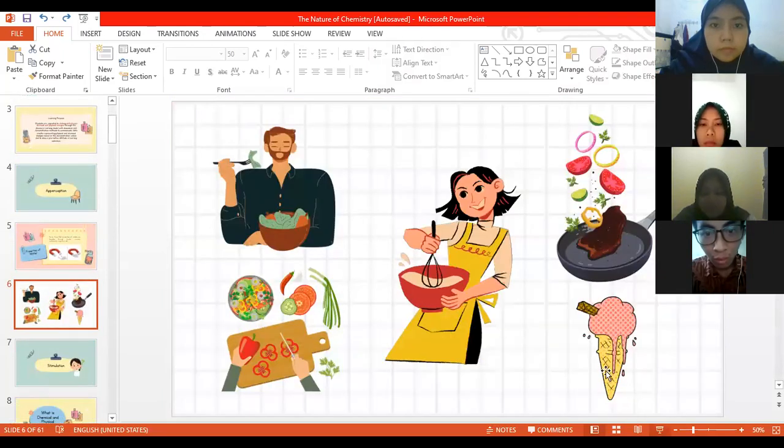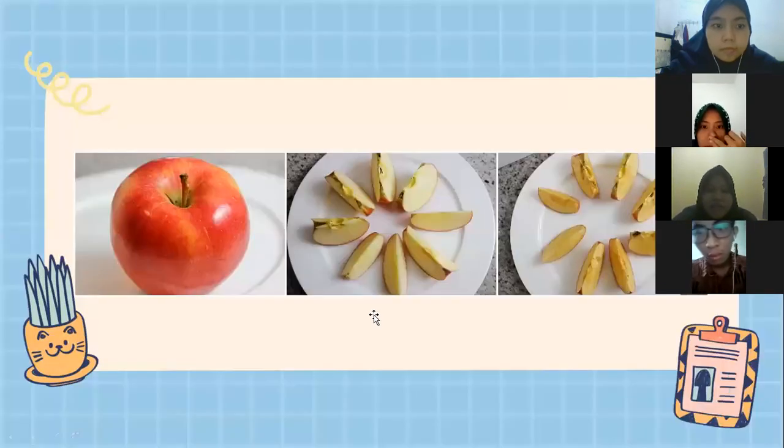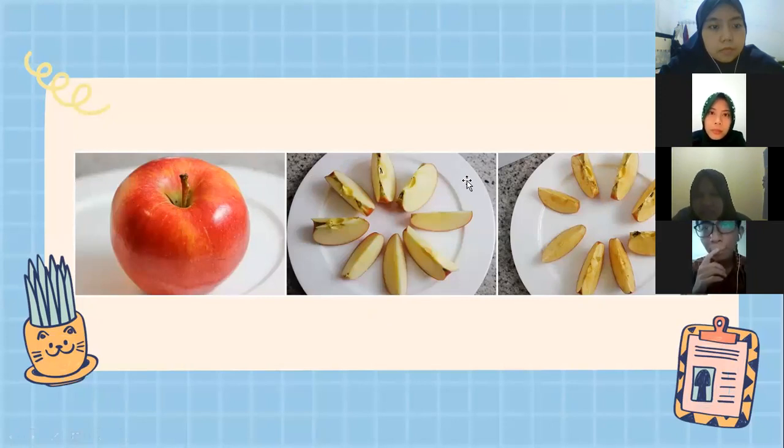Okay, now we're going to the simulation step. First, I have an apple here, the fresh one. And then I slice it and I keep it away for some time. And this is the result. What do you notice here? Its color changed into brownish. Okay, good job, Baim. And now, was this an example of physical or chemical change?